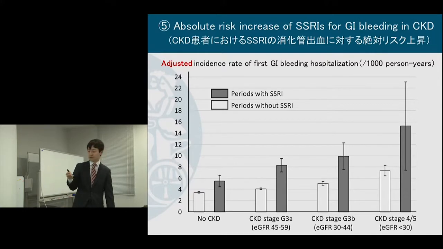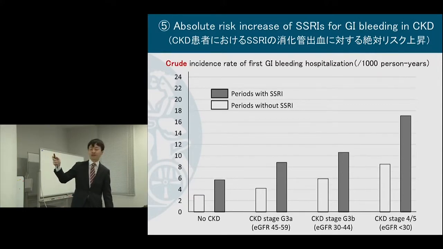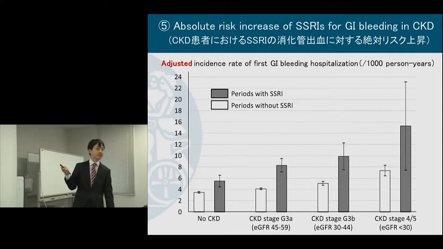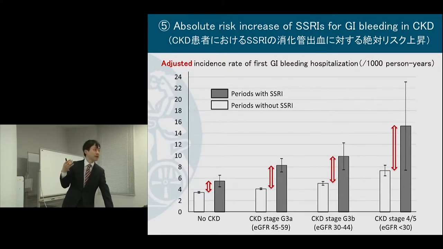So the 8 groups became closer as a result of adjustment. Now these differences can be ascribed to the drug because other factors are completely the same in theory. So these differences are due to the drugs.